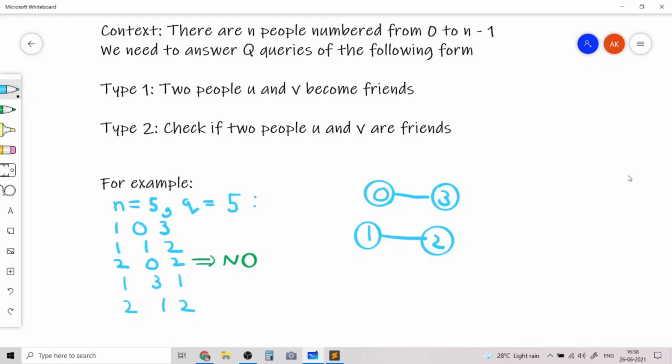In the next query, we make 1 and 3 friends, and now we need to check if 1 and 2 are friends, and the answer will clearly be yes, because 1 and 2 are in the same connected component now. And even if the last query was changed to 0, 2, even then the answer would be yes, because 0 and 2 are in the same connected component.